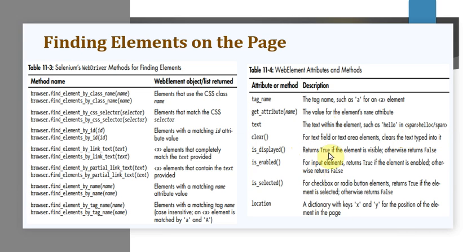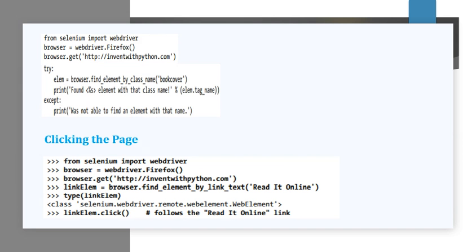So all these are the different attributes and methods. This table is telling you about the different attributes as well as the methods that are associated with the web element. Okay. So next we'll see an example.